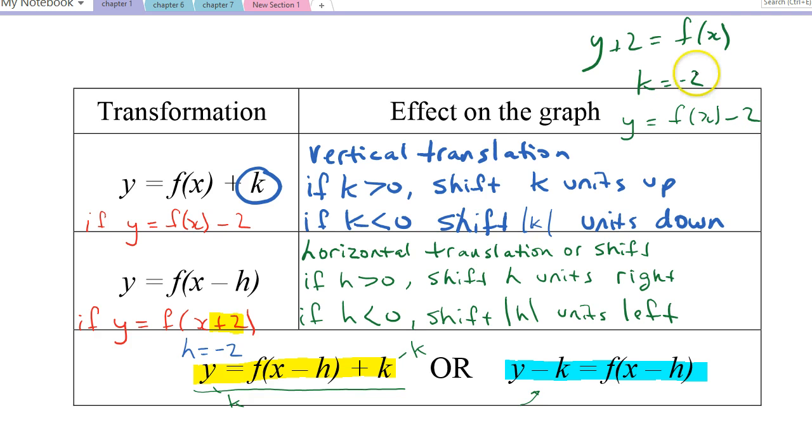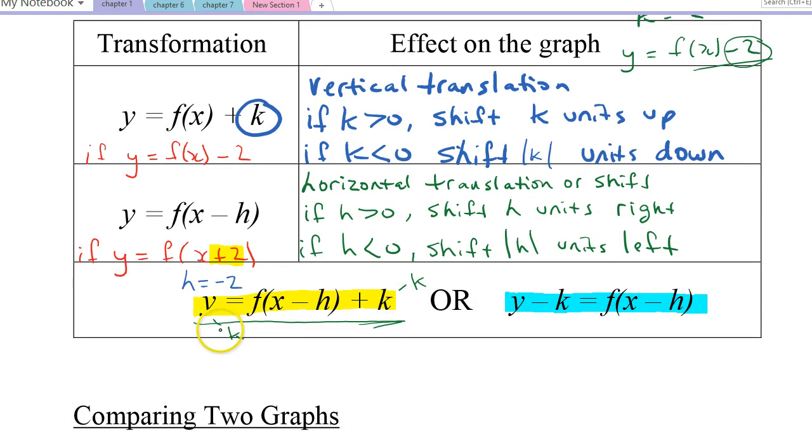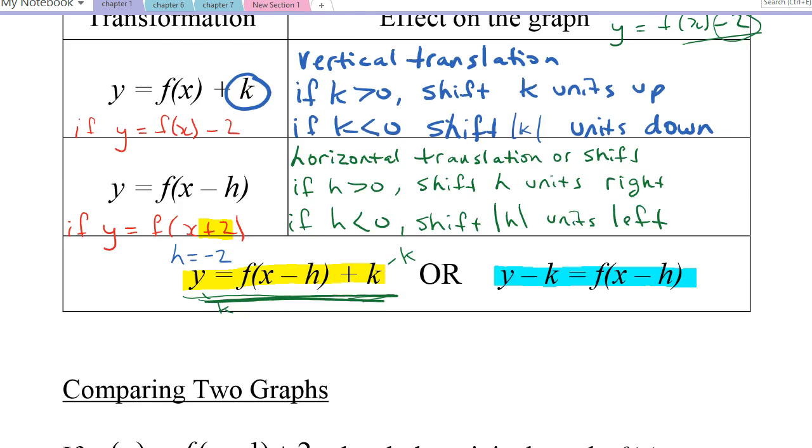So k would be equal to -2 regardless of how you look at it. If it's written on the right hand side, k is equal to whatever that is. If it's written on the left hand side next to y, it's the opposite of that. So if you don't want to have to remember all that, you can just always shift it into this form and then you're good to go.